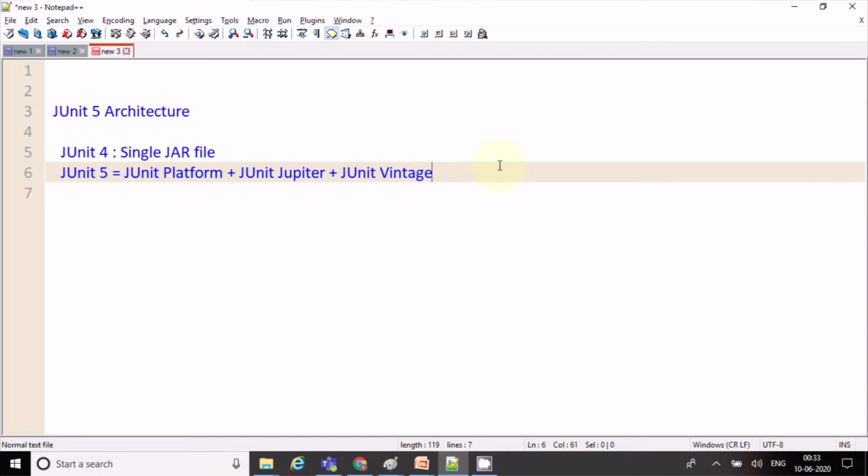Like that, in JUnit they are releasing the fifth version, so they named it JUnit Jupiter. JUnit Jupiter is nothing but the JUnit API. By using this JUnit API only, we are going to write the scripts, by using different annotations, assertions, assumptions, and different concepts.